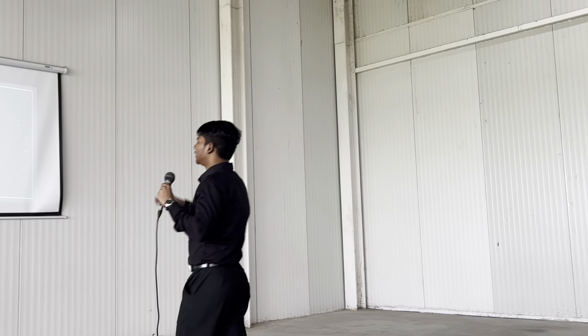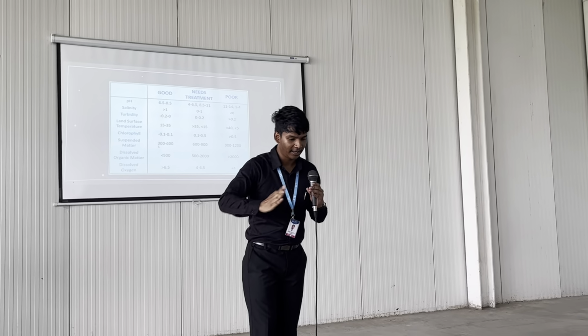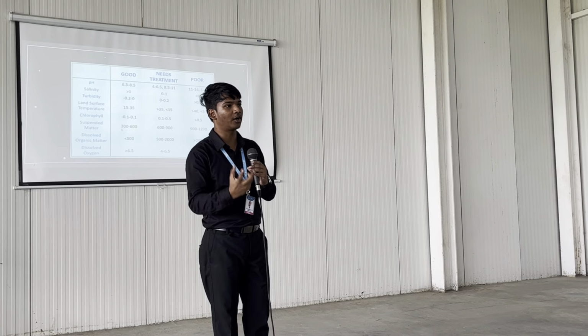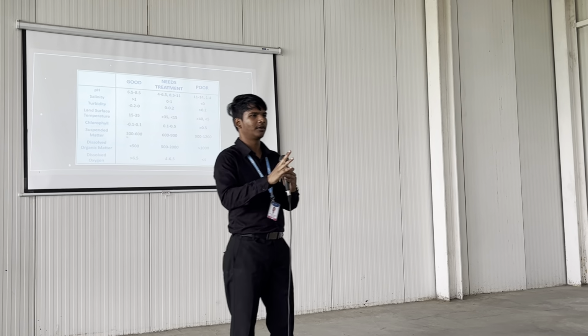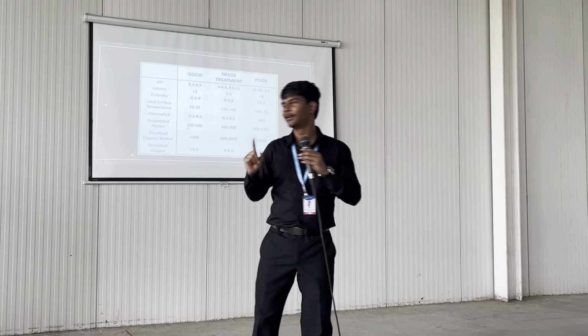We have to think from that perspective. Then the turbidity is in negative. It is from our data set that negative turbidity means the cloudiness in the water is increasing. So you can't drink turbid water, apart from lemonade.